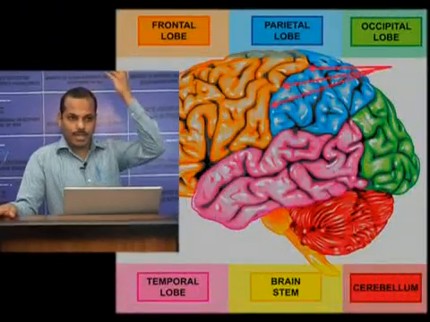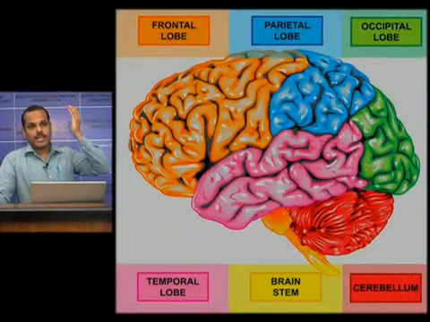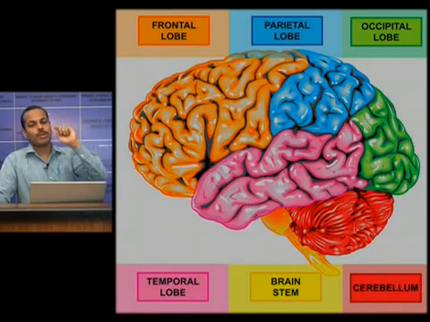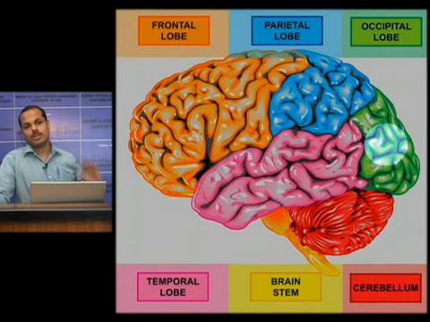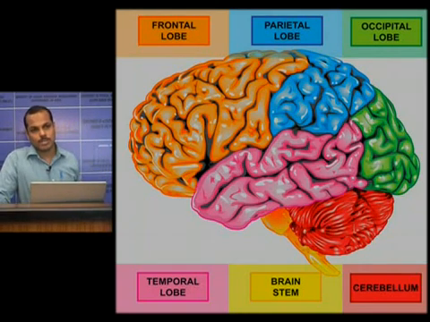The central sulcus lies between the frontal and parietal lobe, and the lateral sulcus lies between the frontal and parietal lobe upward and the temporal lobe downwards. The posterior most lobe is called the occipital lobe.